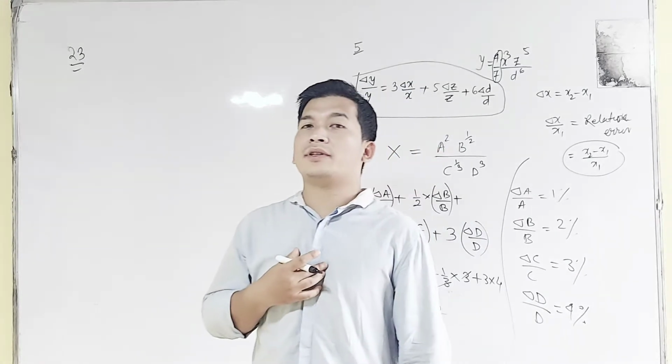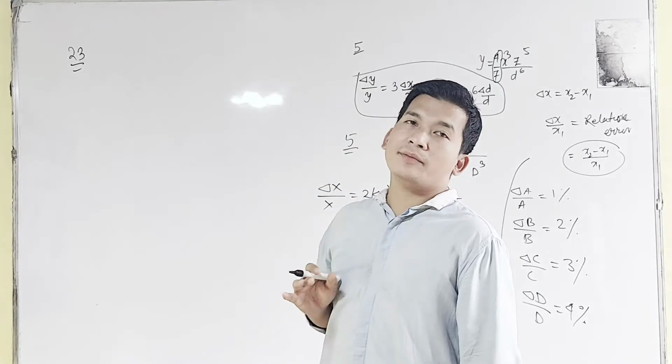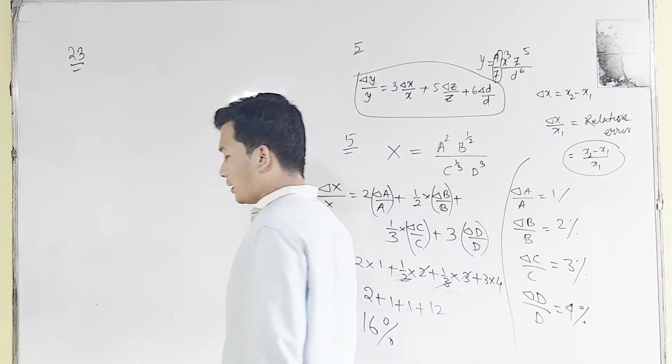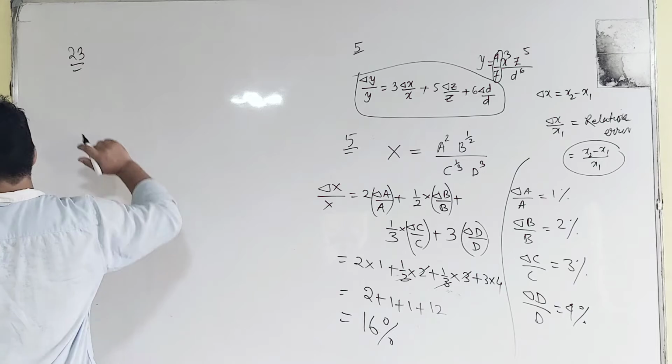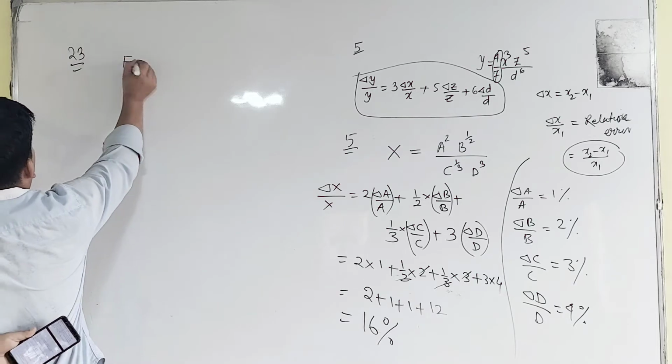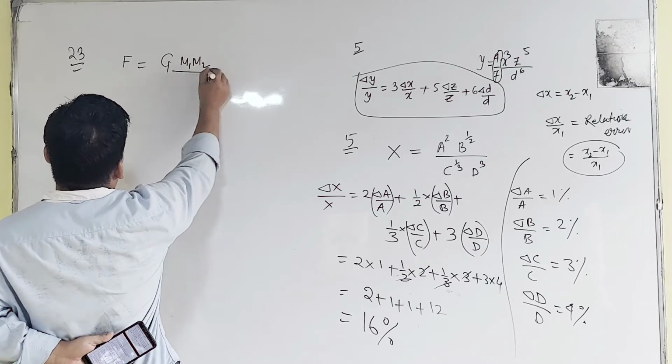Any topic, the question can be asked by using relative error or the unit and measurement concept. Applying to the application question, the gravitation force F is equal to G m1 m2 divided by r square. What is this?